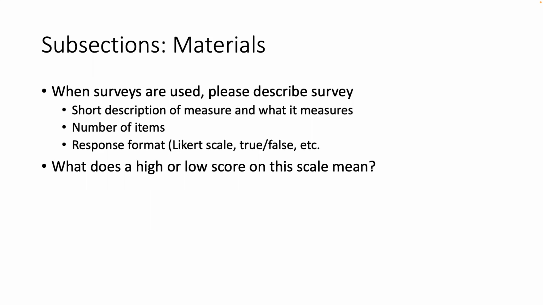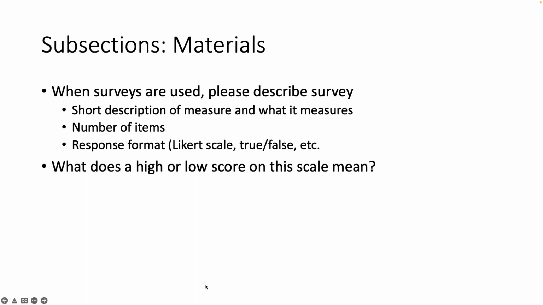So all of you will likely be using surveys. So when surveys are used, please describe the survey. I want you to give me a short description of the measure and what it measures. So the Beck Depression Inventory measures levels of depression. It includes 10 items, and people respond to these items on a scale from 1, strongly disagree, to 7, strongly agree.